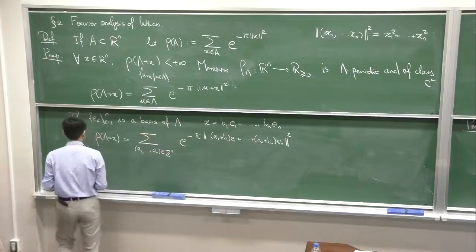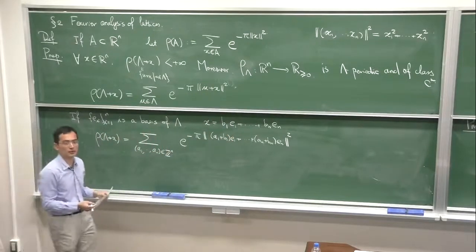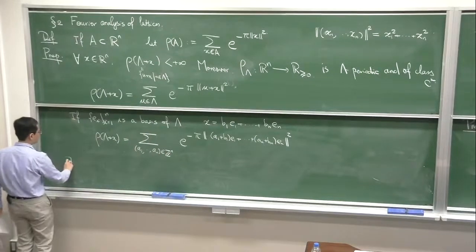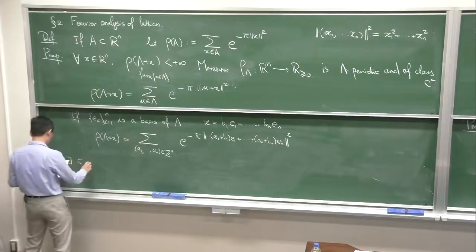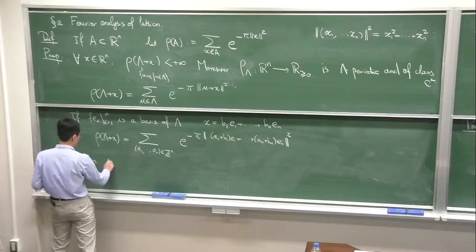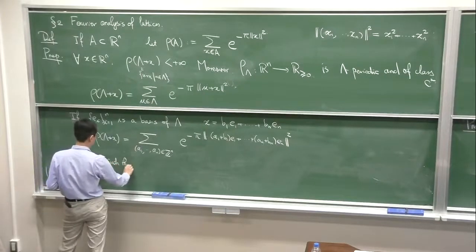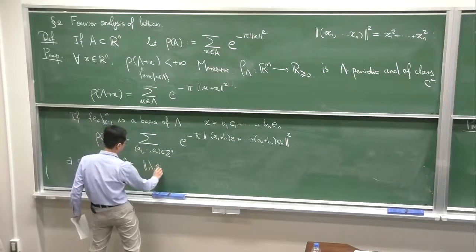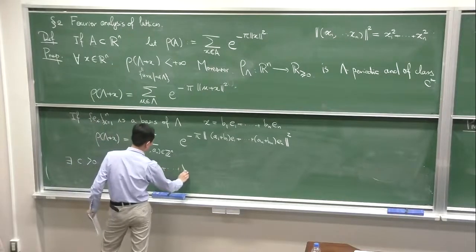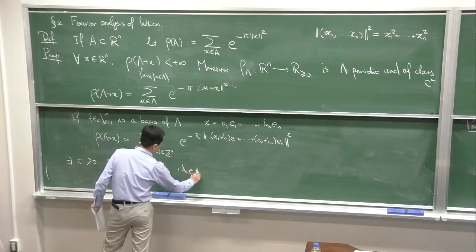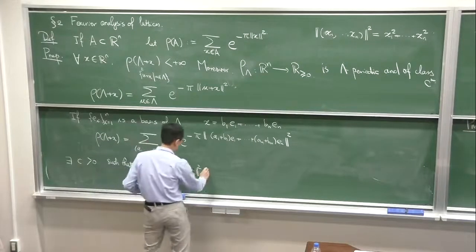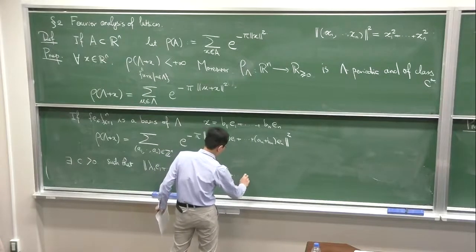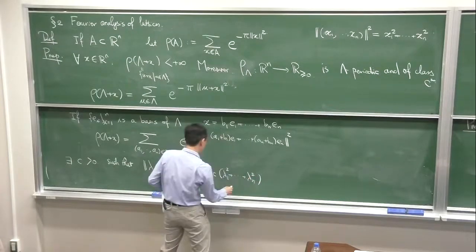But you have some comparison theorem of norms on Euclidean or finite dimensional vector spaces. So you can find some constant C, which is positive, such that the norm of lambda 1 e1 plus ... plus lambda n en squared is bounded from below by C times (lambda 1 squared plus ... plus lambda n squared).